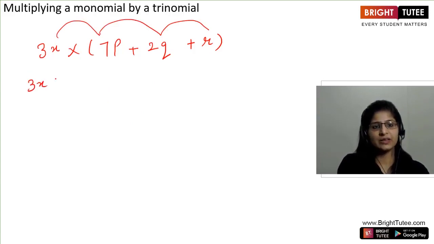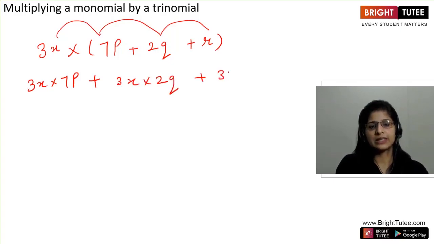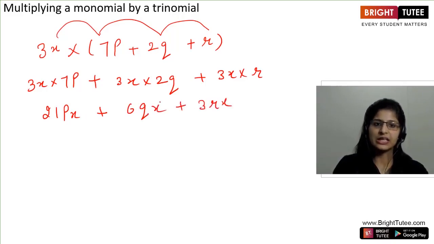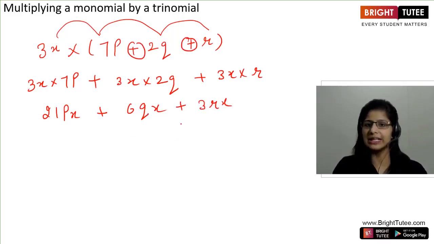So 3x will be multiplied with 7p, plus 3x will be multiplied with 2q, plus 3x will also be multiplied with r. 7 3s are 21px plus 3 2s are 6qx plus 3rx. This is what we are going to get. In case instead of plus we had a negative sign, we would have used a negative sign.